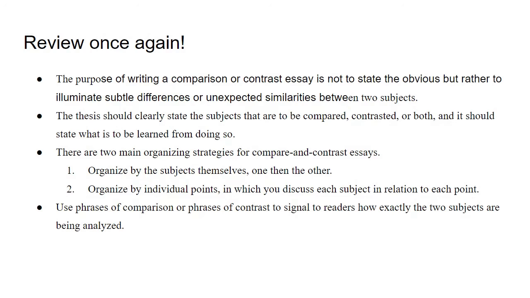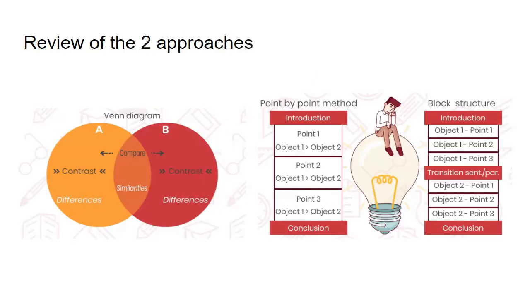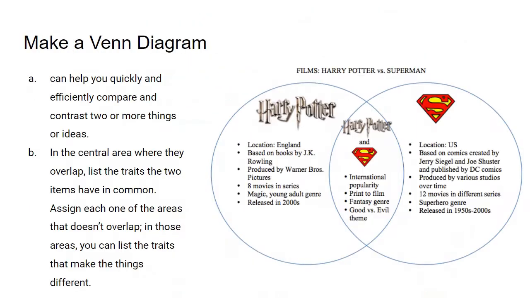Okay, let's review once again. With a comparison and or contrast essay, what you can do is you can find the subtle differences or the unexpected similarities. Subtle means kat sini perbezaan yang kecil. For example, let me show to you. Here, Harry Potter.